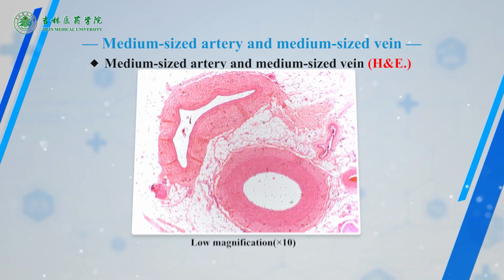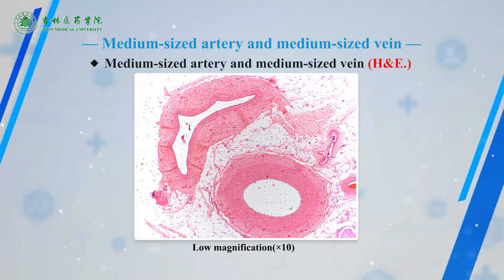The third slide is medium-sized artery and medium-sized vein, obtained from the section of medium-sized artery and medium-sized vein with HE staining. There are two medium-sized vessels paralleling each other.